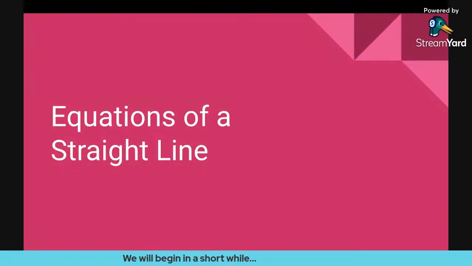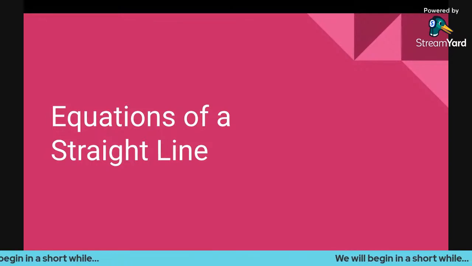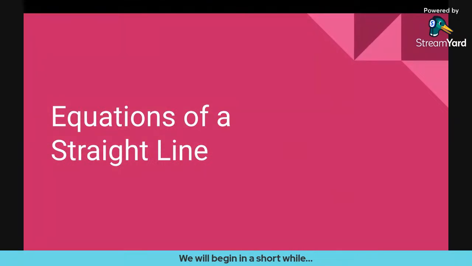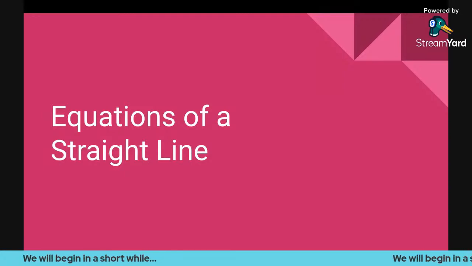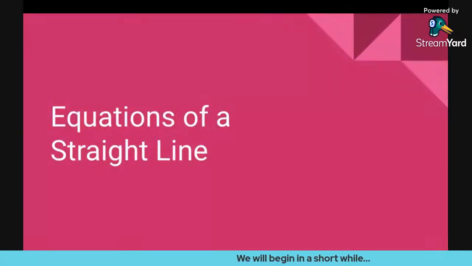So let's begin with the first form. There are actually, if I'm not mistaken, 4 or 5 forms of the equations of straight lines. The first is the point slope form.